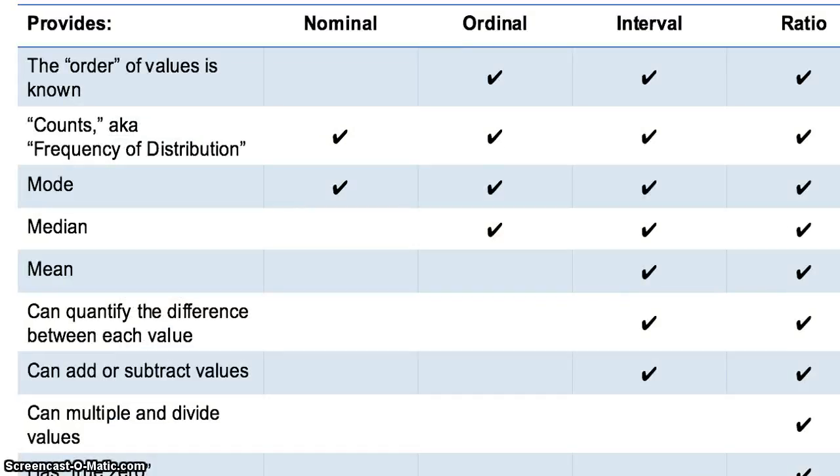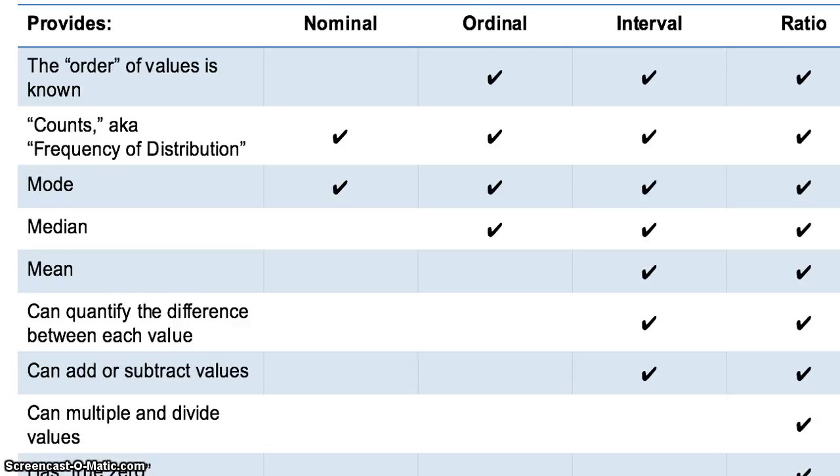So the order of values is known, that is referring to ordinal, interval, and ratio. Counts, frequency of distribution, that can be done using nominal data, ordinal data, interval, and ratio. Mode, and that will be nominal, ordinal, interval, and ratio can be done.